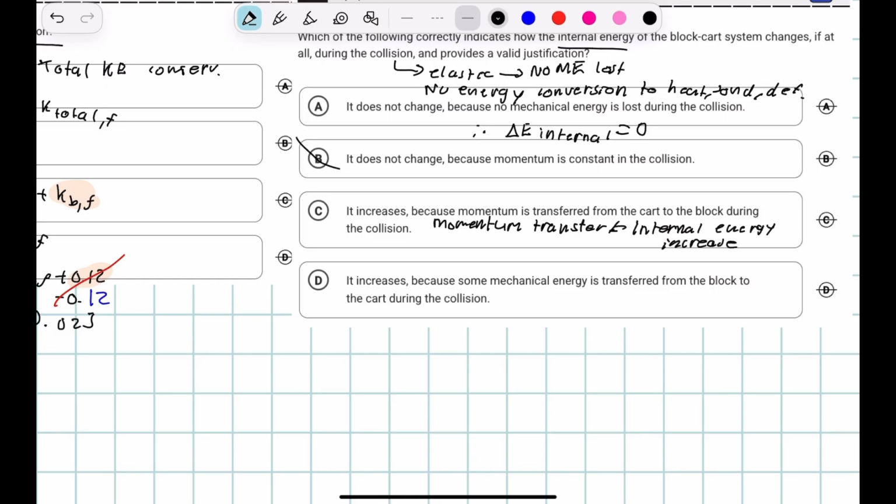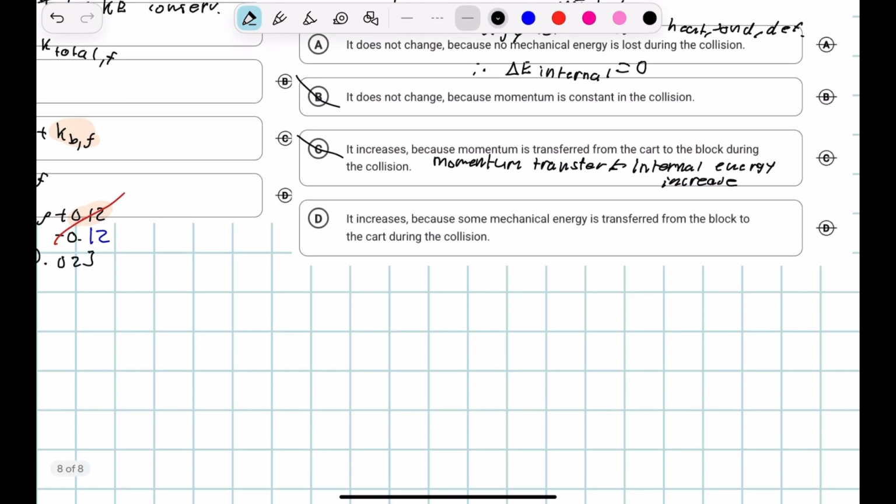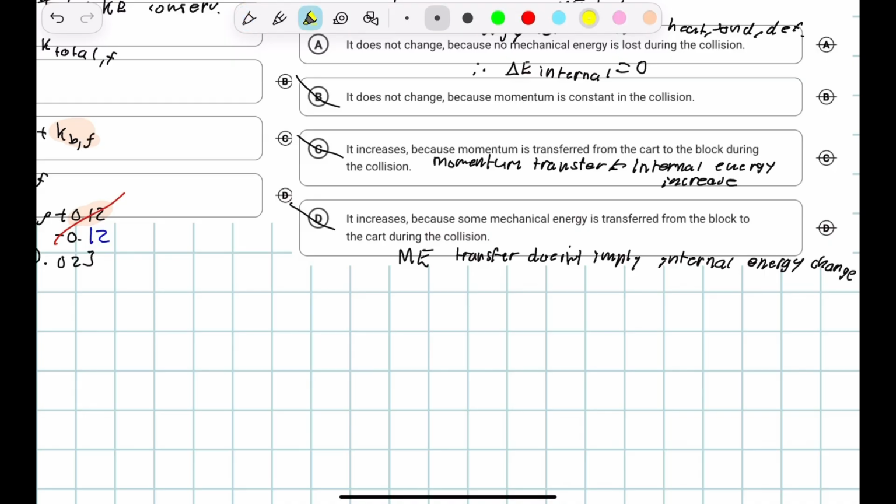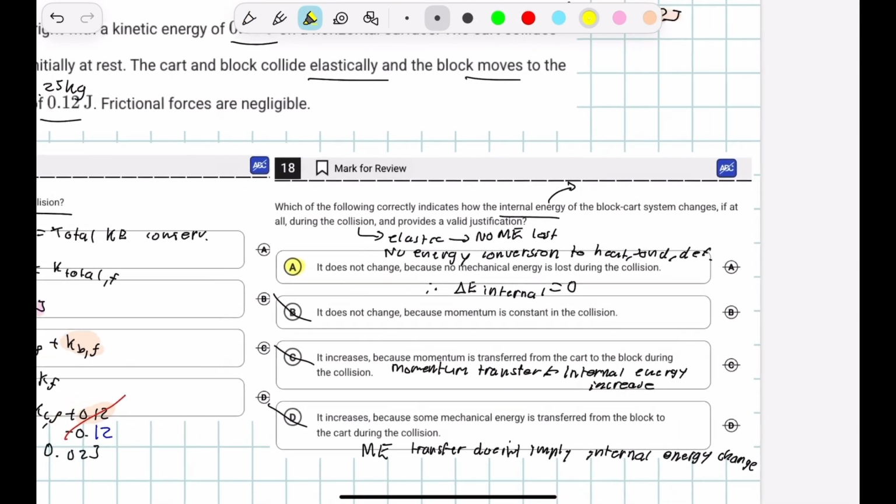That's not the same thing, so not that either. And it increases because some mechanical energy is transferred from the block to the cart during the collision. But mechanical energy transfer doesn't imply internal energy change. So, no, and that's how we know A is the right answer.